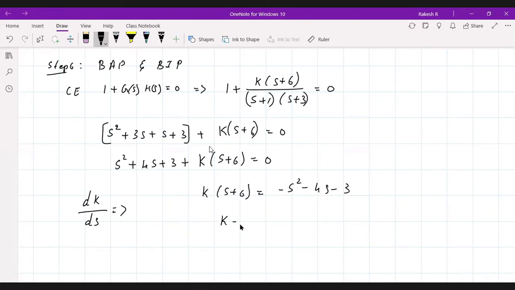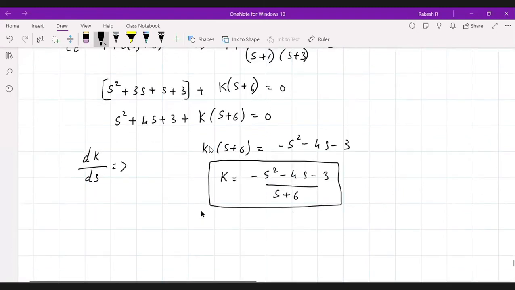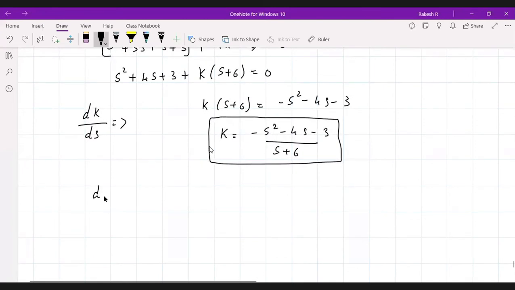So K equals minus s square minus 4s minus 3, whole divided by s plus 6. This is what we have written in terms of K. Right, now I need to differentiate this, that is dK divided by ds, and that should be equated to 0 here.